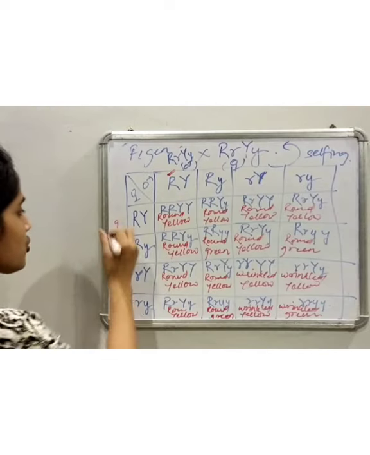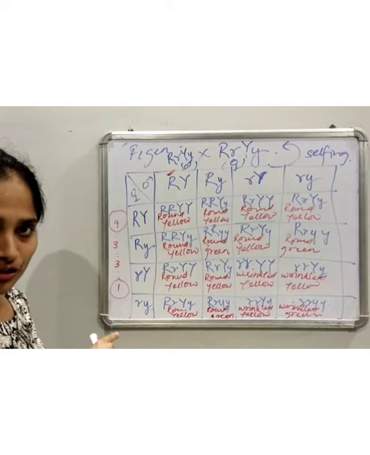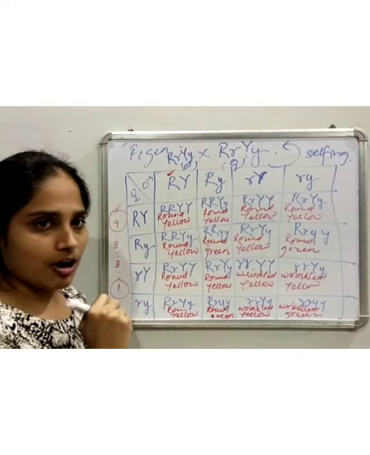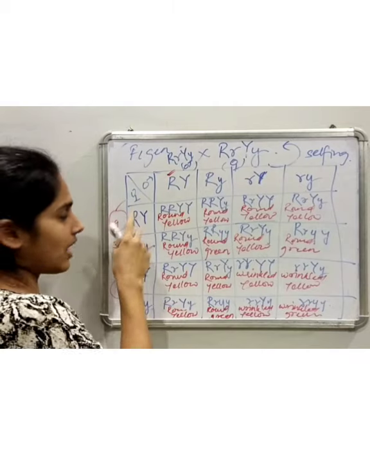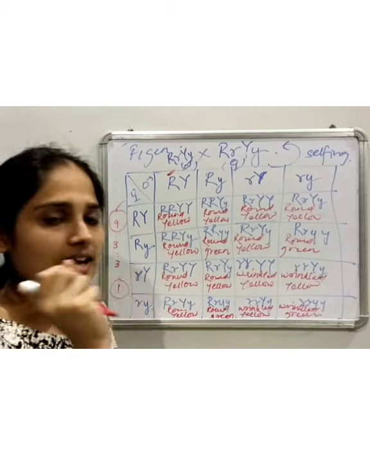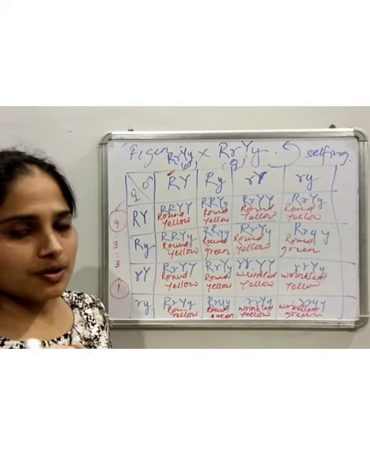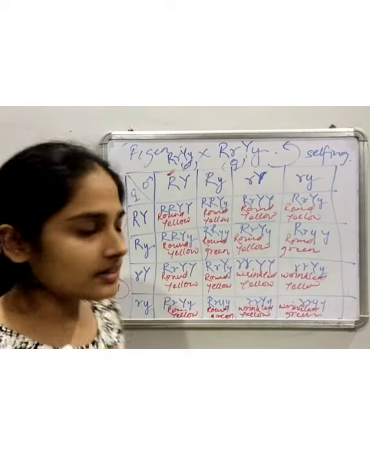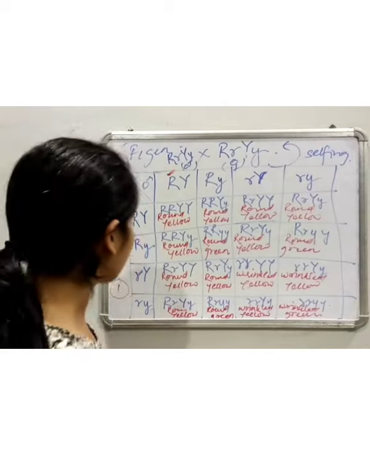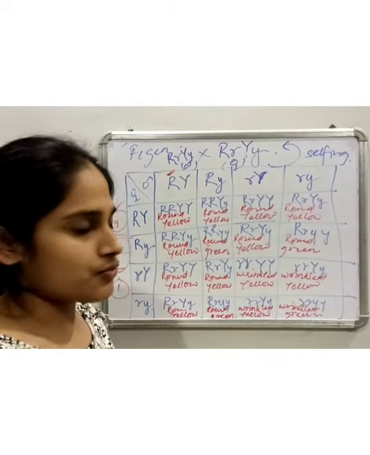9:3:3:1. So this 9 and this 1 are for the parental phenotypes which were taken initially. So this 9 is for the dominant one: round, 9 plants were with round seeds and yellow colored seeds. One plant obtained was with wrinkled seeds which were green in color, and these two, 3 and 3, are the hybrid phenotypes which were obtained.